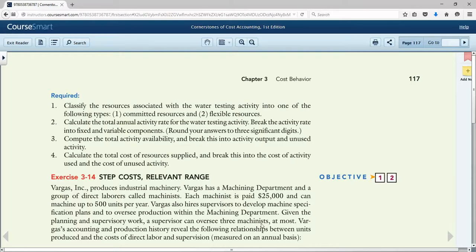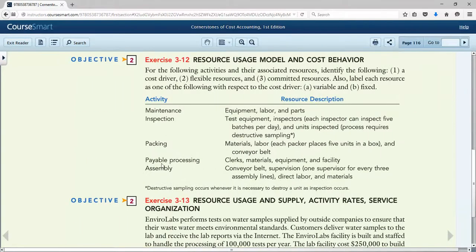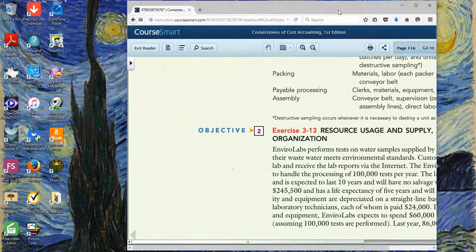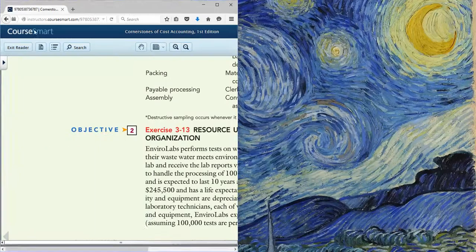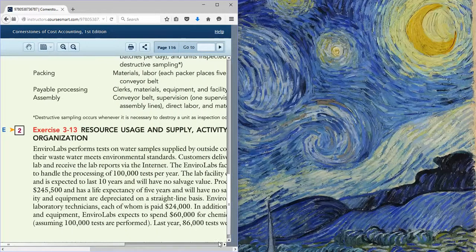The second one is you're asked to calculate the total annual activity rate for the water testing activity. So if we go back to this information, the textbook gives us a great paragraph of what we actually have to use to calculate the information.